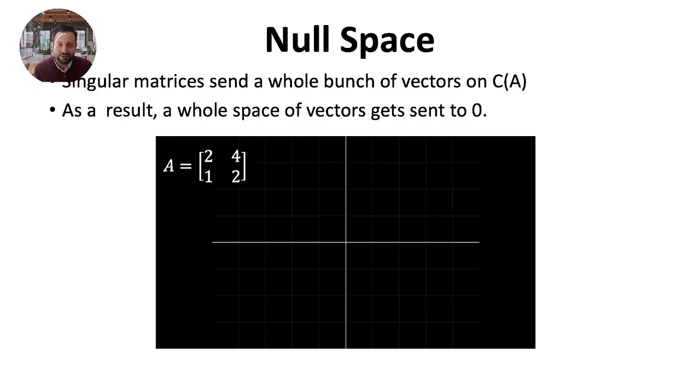Whatever the input is, we know that the output is going to be on that line for sure. The output is going to be a linear combination of the columns of this matrix, which is the same thing: the second column is a multiplied version of the first column. So there's only one line that this matrix sends our vectors to.